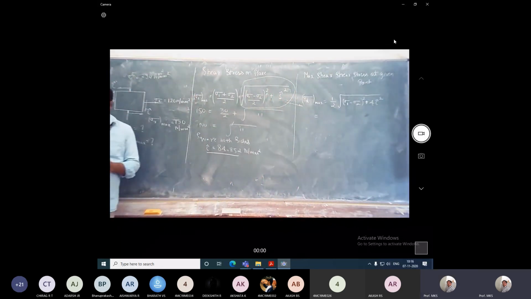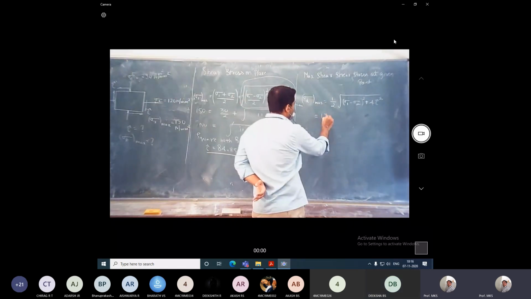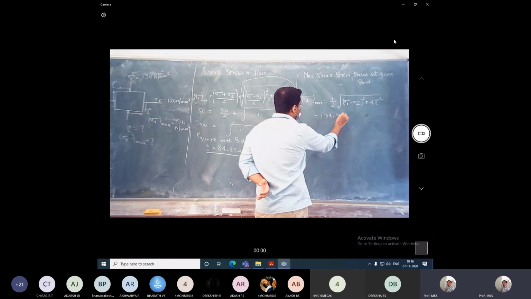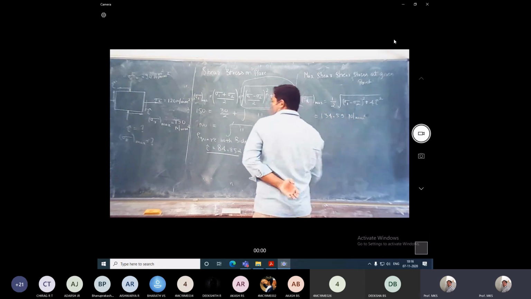Sigma t is 134.9, so it is nearly 134.59 megapascal or Newton per mm square.